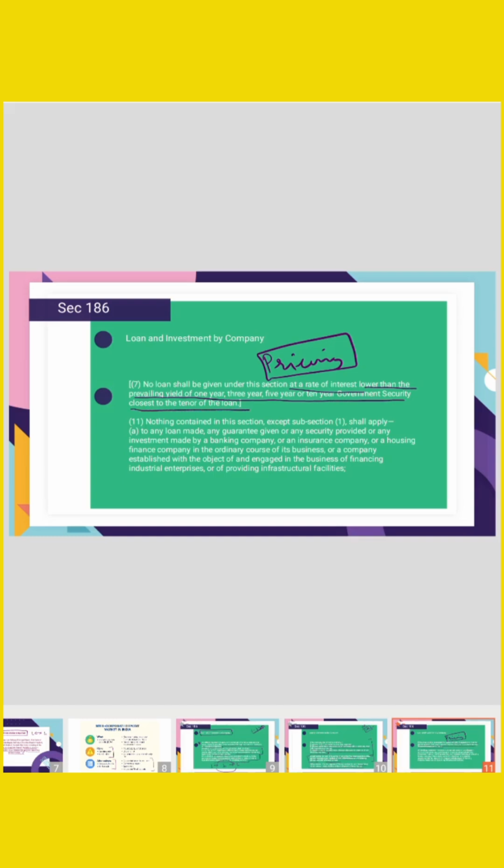Say I gave a loan to a company for a tenure of say 9 years, and the prevailing GSEC yield of 10 years is say 6.5%, then I will charge at least that much rate of interest. So the point is, it cannot be given at a 0% rate of interest or a lower rate of interest. It should be at least that yield.